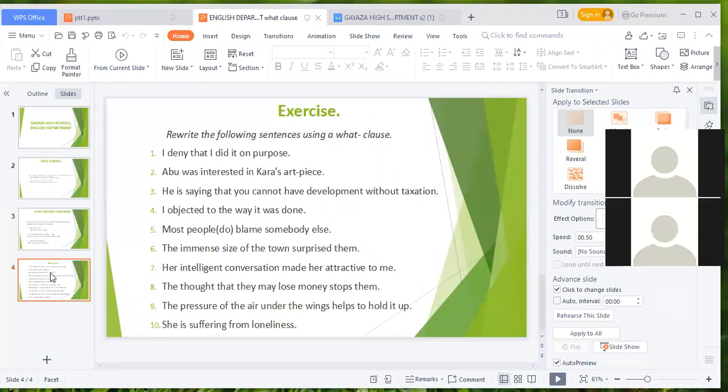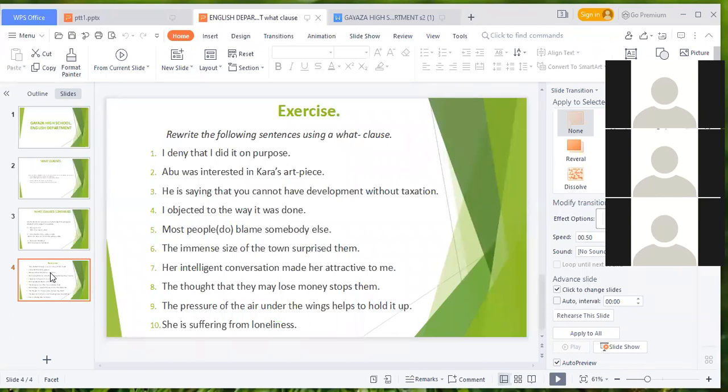We can have Treasure Nisima. Teacher, why isn't it her intelligent conversation made her attractive to me? Sorry, why isn't it her intelligent conversation is what made her attractive?